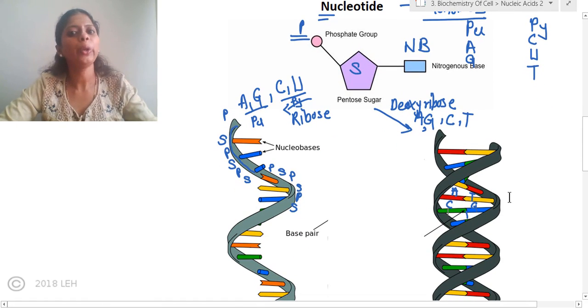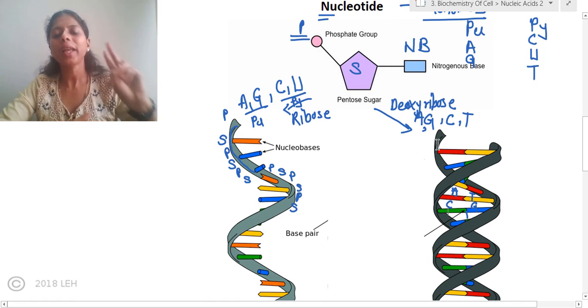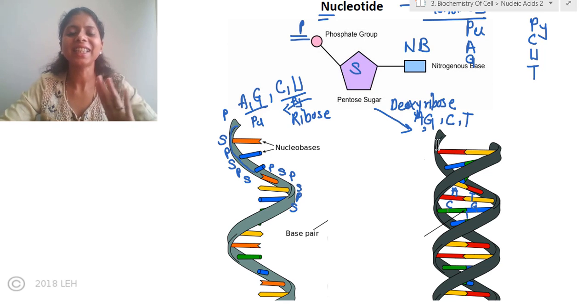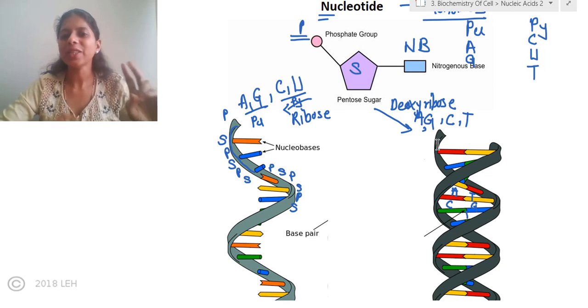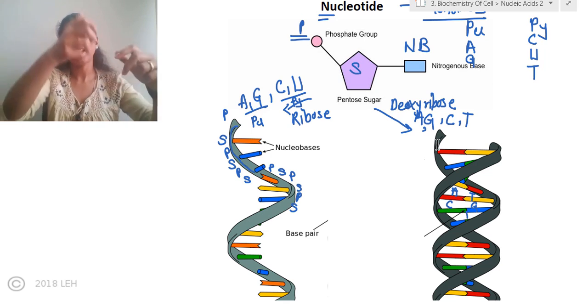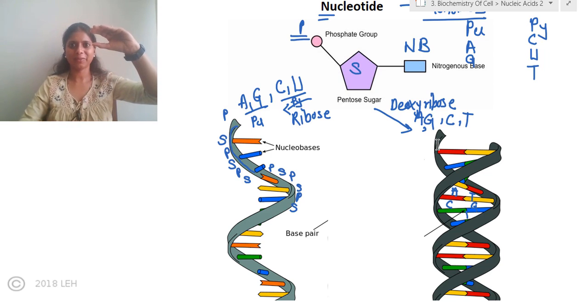Got it? So let me revise quickly so you will understand it quickly and clearly. Nucleotides are monomers. They have to join to one another to form a polymer. Two types of polymers are there, RNA and DNA. To form these two types of polymers, there are two ways of joining these nucleotides. One way is in a linear manner, in which one nucleotide is joined to the next one in a straight line fashion.